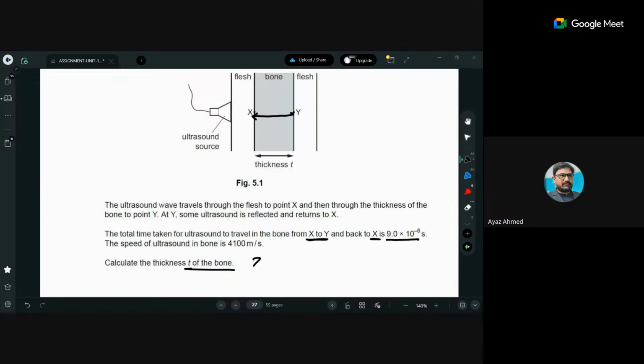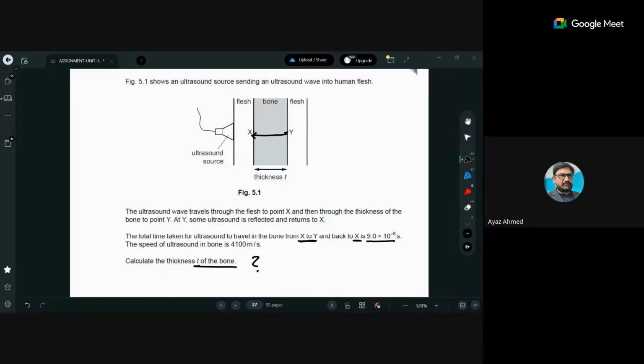Calculate the thickness. Just calculate this, and give me one minute.